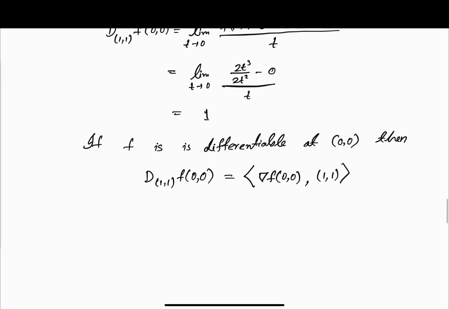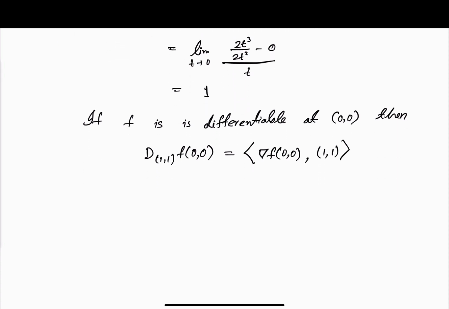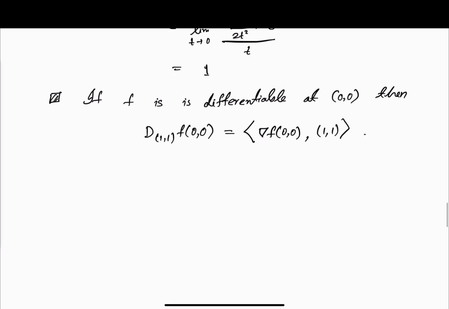So this should be true. So let's compute. Here we use the theorem. Note, what is the gradient of f at (0, 0)? This we know: it is del f by del x at the point (0, 0) and del f by del y at the point (0, 0).